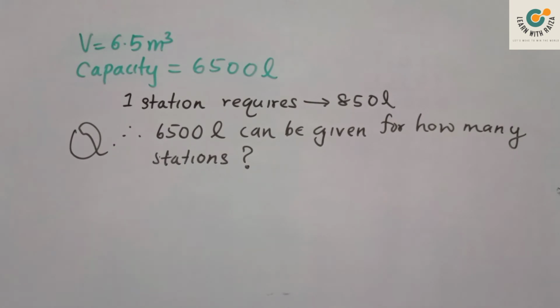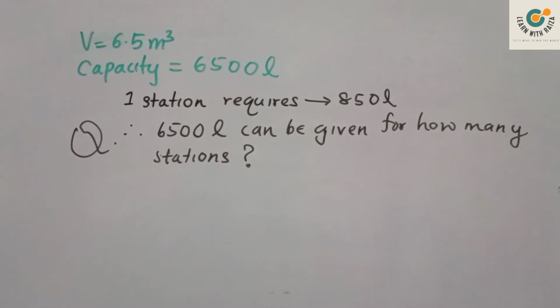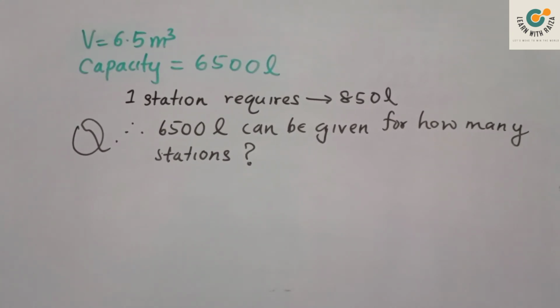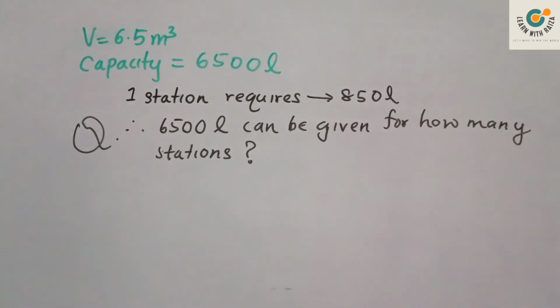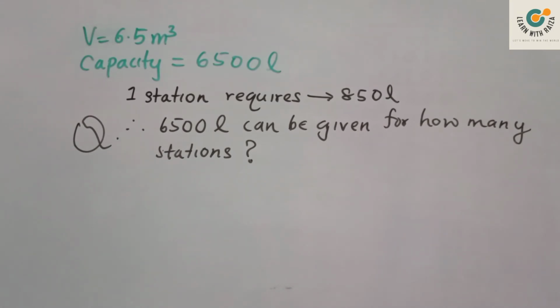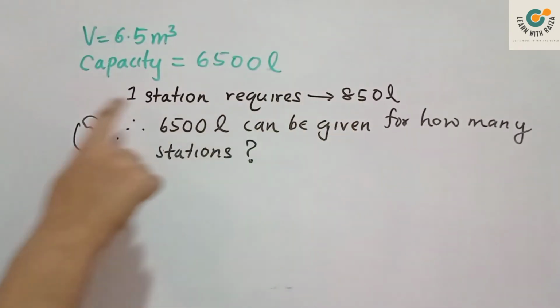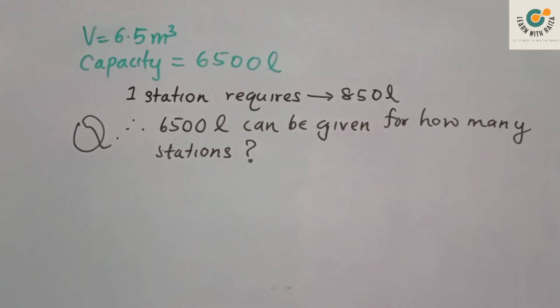So this Bowser question is a very simple, practical question. If there is a Bowser which has a capacity of 6.5 cubic meters, I convert my cubic meters into liters because it's a capacity. So it is carrying 6500 liters, and it has to supply 850 liters for each station, for 8 stations.